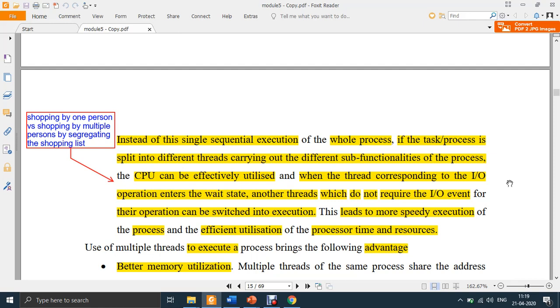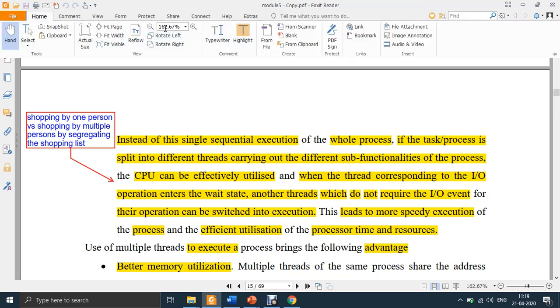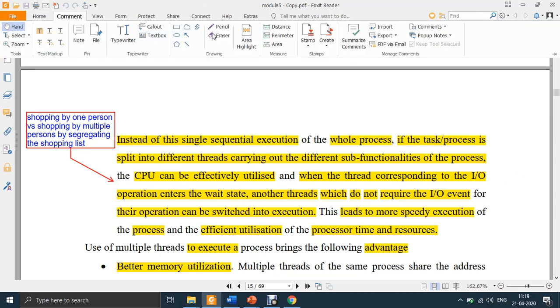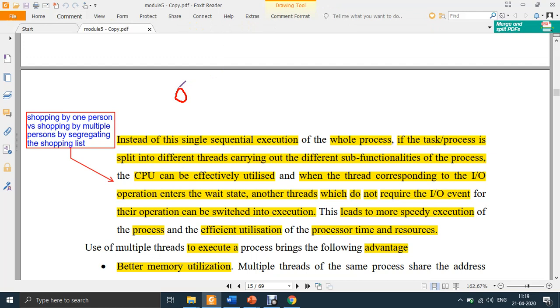Okay, four. So if one person has to do all these four things, what will happen? Let's say you start at time 0. I'm talking about minutes. This is the 0th minute wherein the person will start his job.